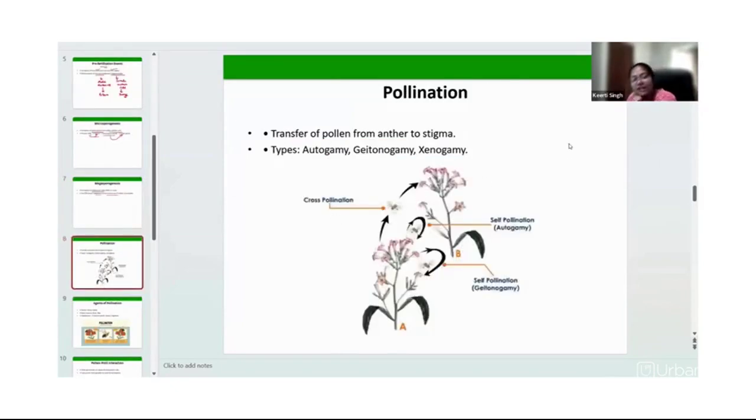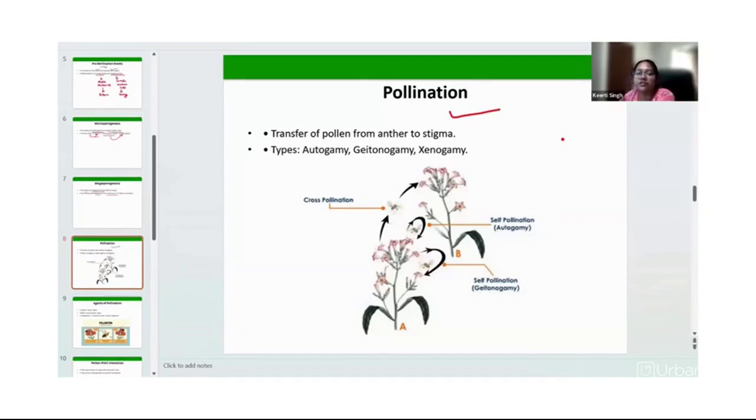Okay. See, of course, sexual reproduction takes place in case of plants. So the plant is not moving. We already know the plant is static in its place. So some agents must be involved. What kind of pollination are the plants undergoing to perform the process of sexual reproduction? Okay.